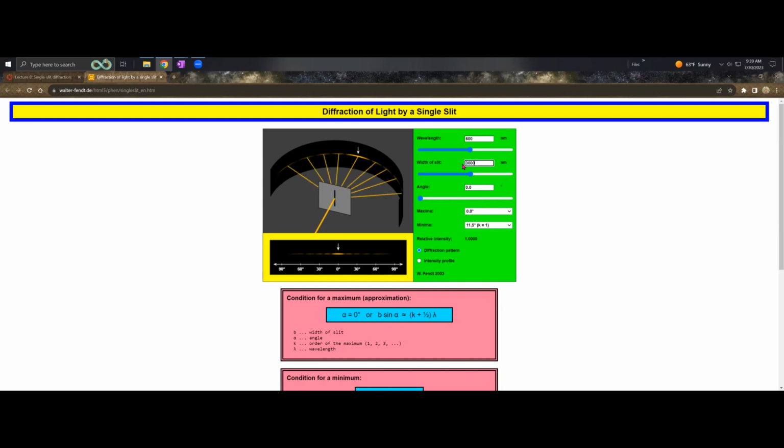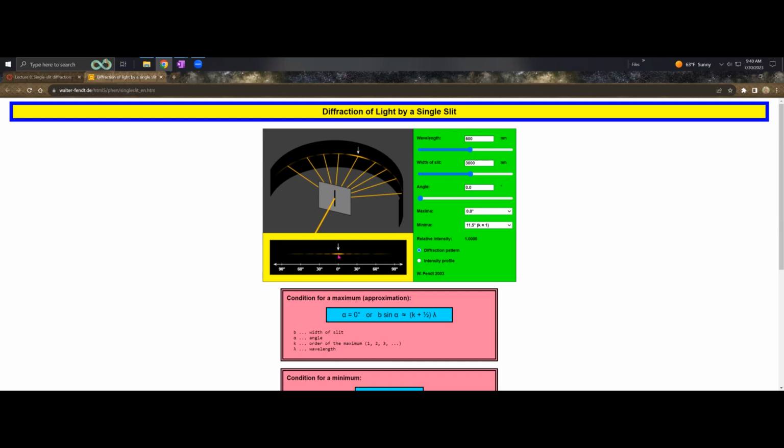And then if I hit return, the pattern has now changed. I would love to use the intensity profile, but you could see that this doesn't really help. And this diffraction pattern helps a little bit more.